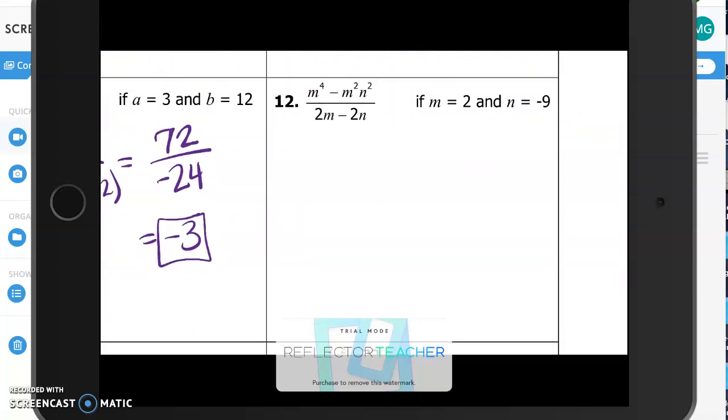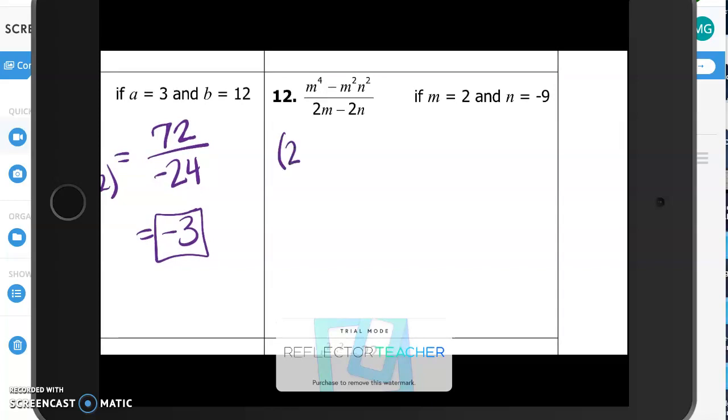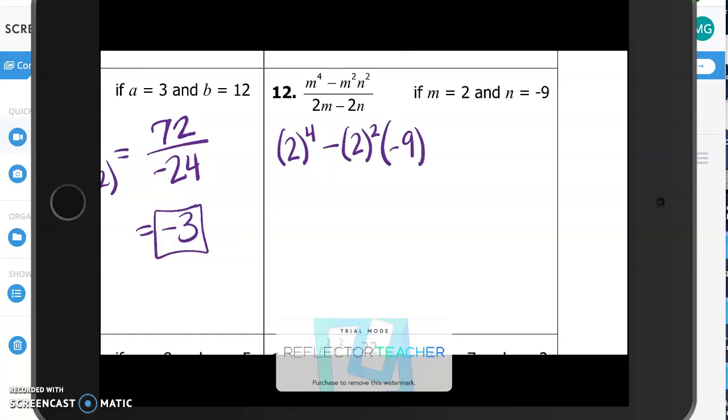Number 12. We have 2 to the 4th minus 2 squared times negative 9 squared, all over 2 times 2 minus 2 times negative 9. So lots of 2's, lots of negatives, just need to take things step by step.